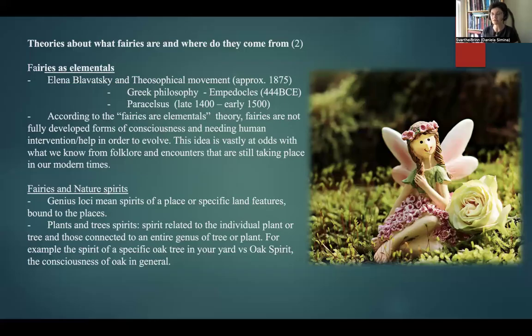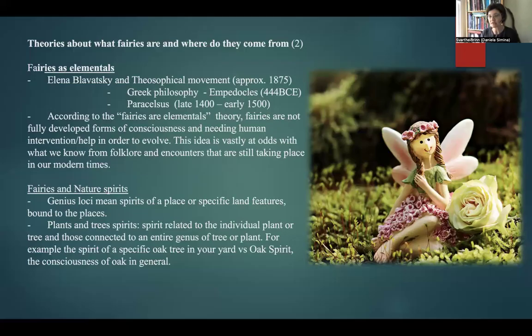She's the one who pioneered and established the Theosophical movement. Forward thinking in many ways, but also restrictive and conservative in other ways. And it all took root around 1875, so the 19th century.